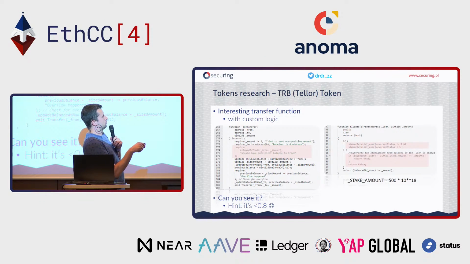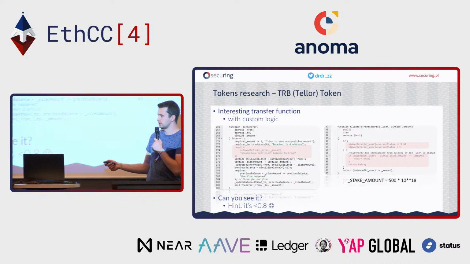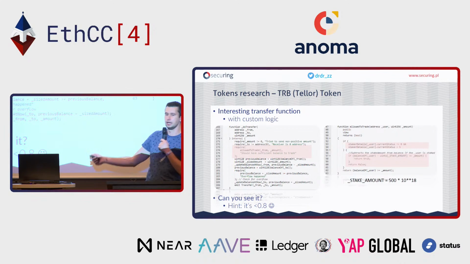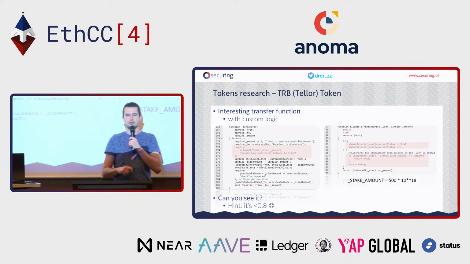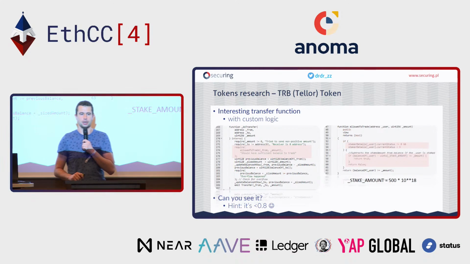So if your status is not 0 and it's below 5, then there is a special case because you have to actually have more than just the amount you want to send. And there is a quite easy to spot bug here. And here's the hint: it's below Solidity version 0.8. Can you see the bug?